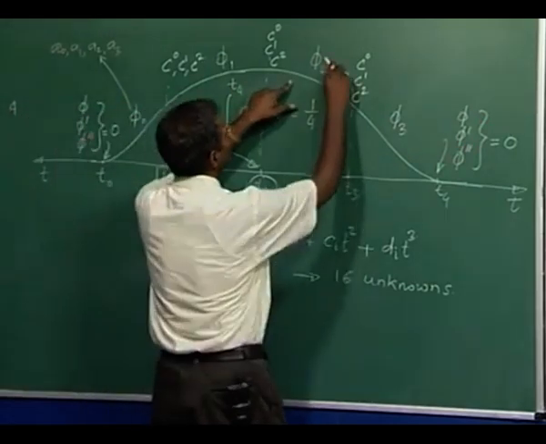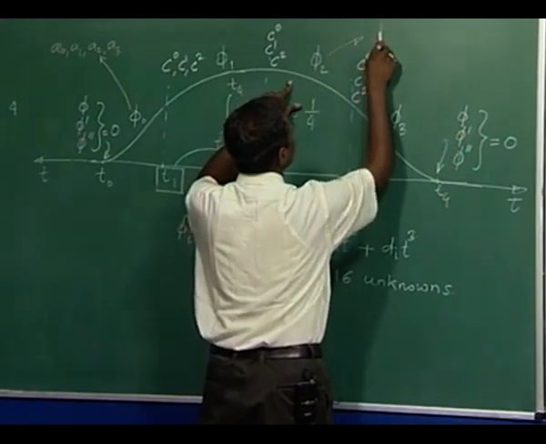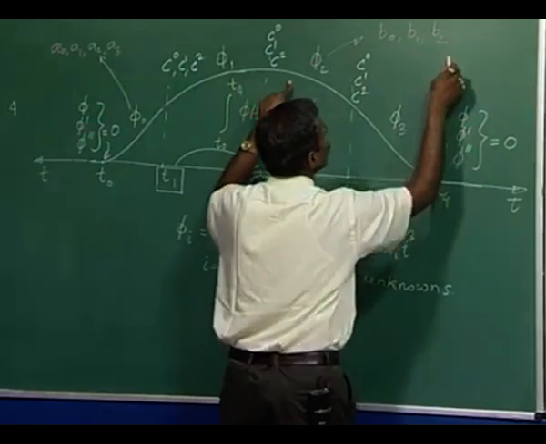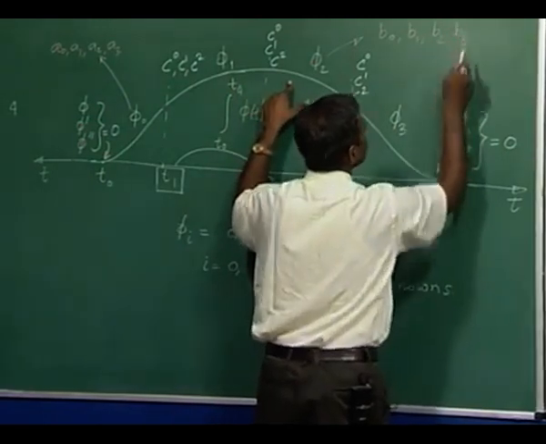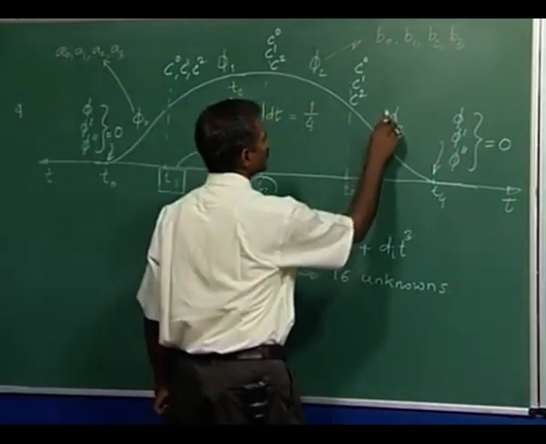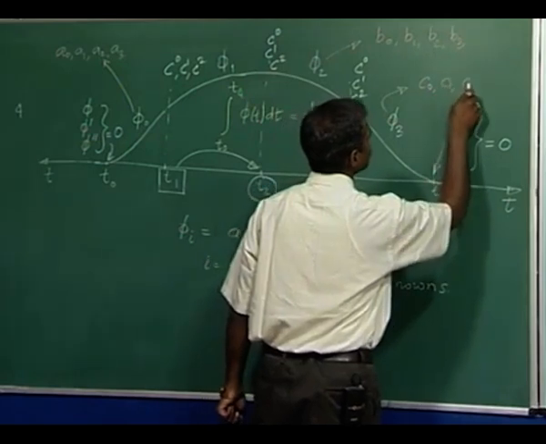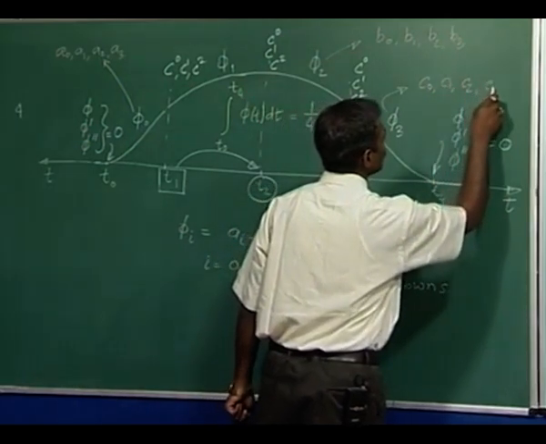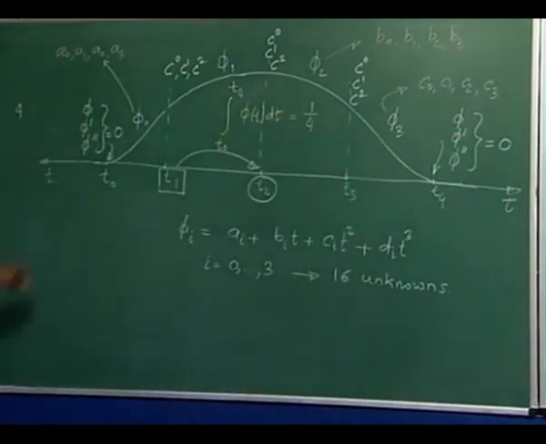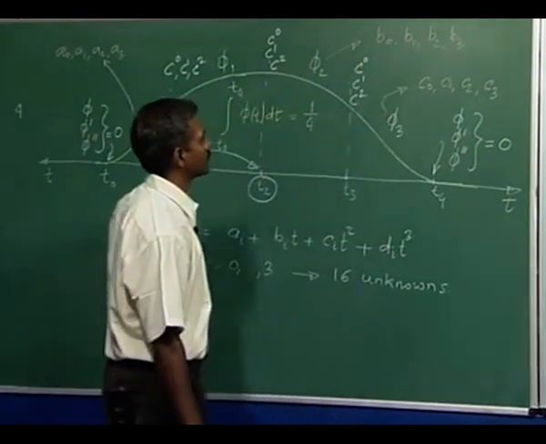Let me rather jump to phi 2 and say the coefficients of phi 2 are b0, b1, b2, and b3. For phi 3, say the coefficients are c0, c1, c2, and c3. In a sense now, these are my 12 unknowns.